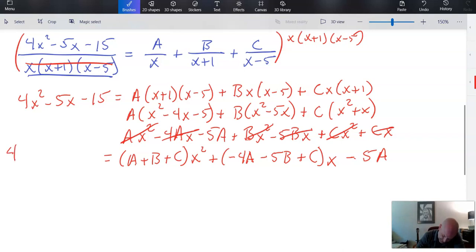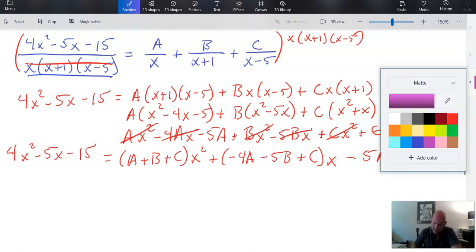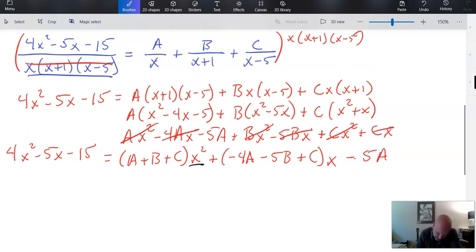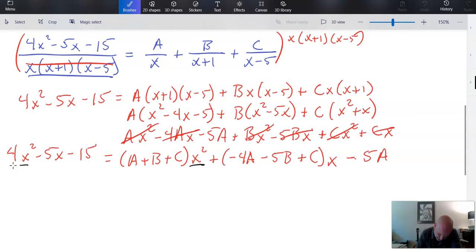So now let's set this equal to 4x squared minus 5x minus 15. All right. Now, I want to point this out. Since this is an x squared and this is an x squared, that means the 4 has to be equal to this. So that's the first step in our equation. A plus b plus c is equal to 4. Now, next one up, I need coefficient of x equal to negative 5.